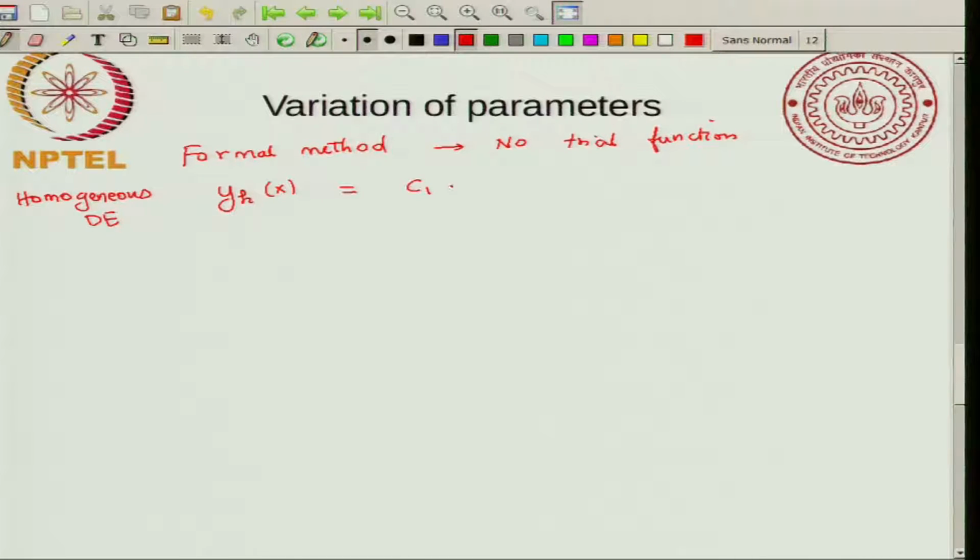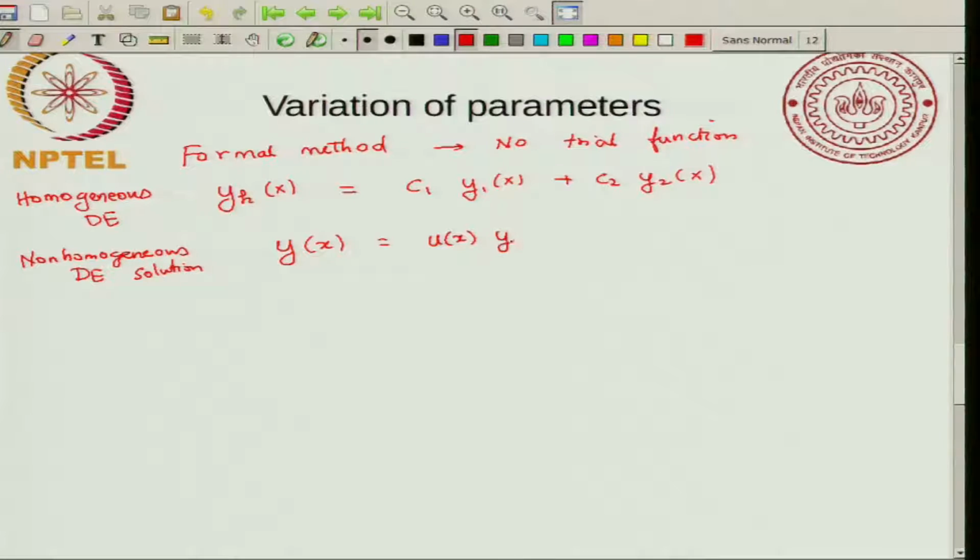Suppose the solution of the homogeneous equation is written in the form C1 y1 of x plus C2 y2 of x. Then for the non-homogeneous equation, you write the solution as y of x is equal to u of x times y1 of x plus v of x times y2 of x.